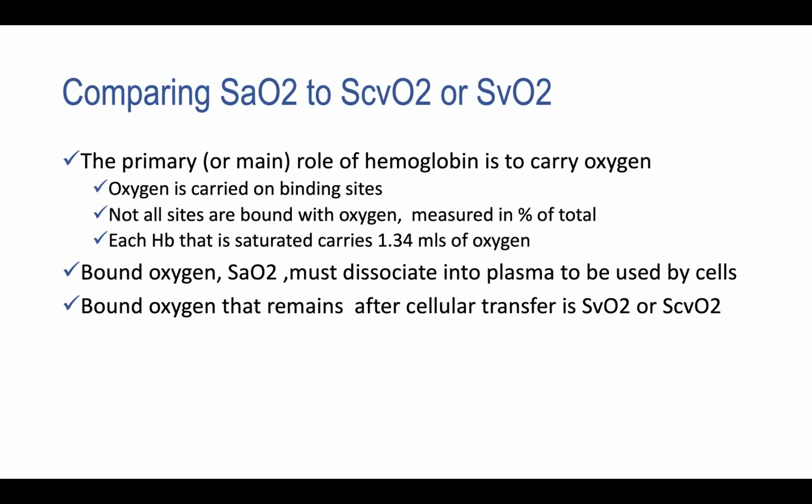So I always like to remind everyone that the primary role of hemoglobin is to carry oxygen. It's carried on the binding sites, each saturated hemoglobin. So when you look at percent of hemoglobin saturated, 99% of the hemoglobin are saturated, you've got an SaO2 of 99%. That means almost all your hemoglobin are carrying an abundant amount of oxygen.